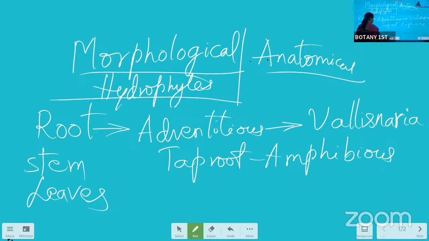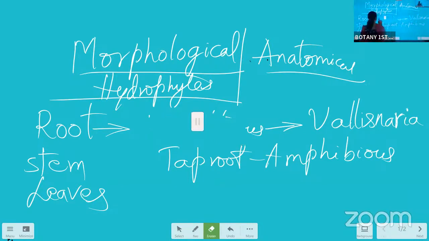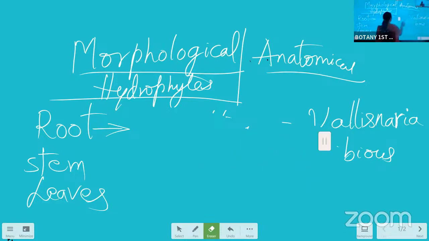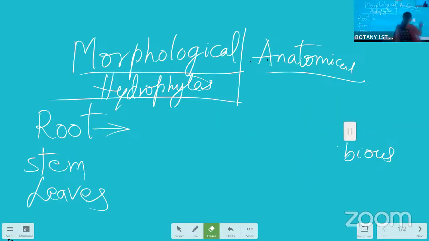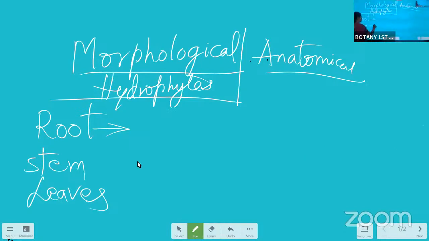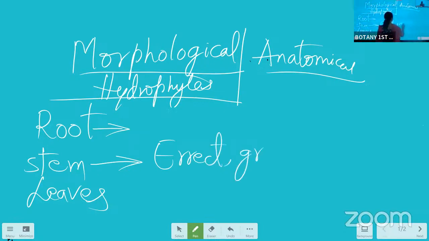Now comes the stem. We are done with all points in the root system. How should the stem be? The stem should be green and erect. This can be seen only in amphibious plants: a green colored erect stem.